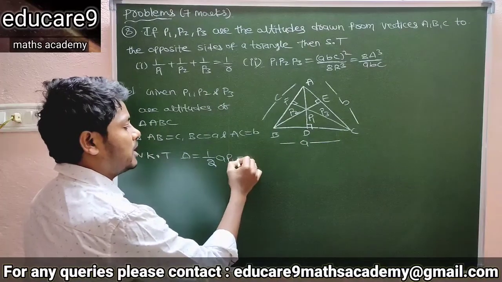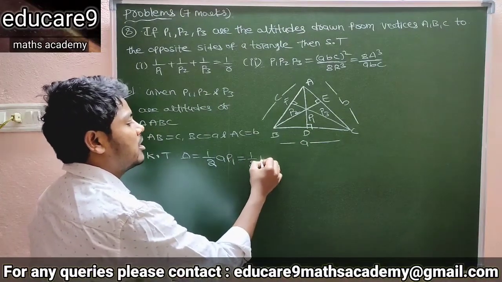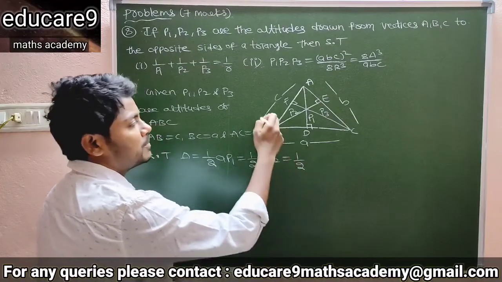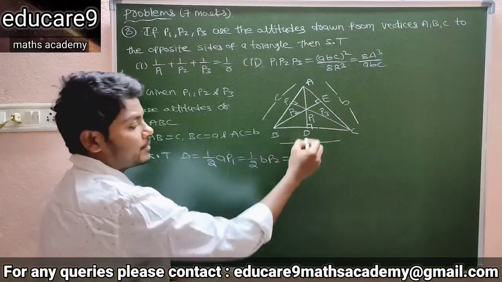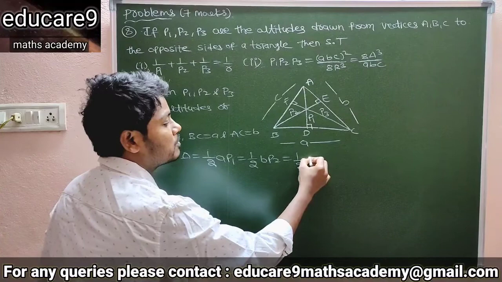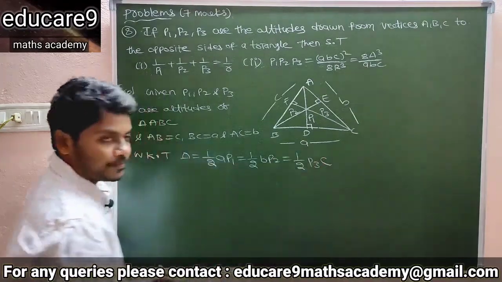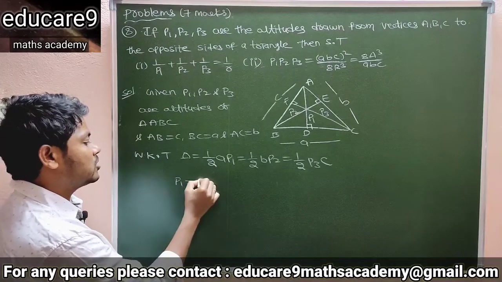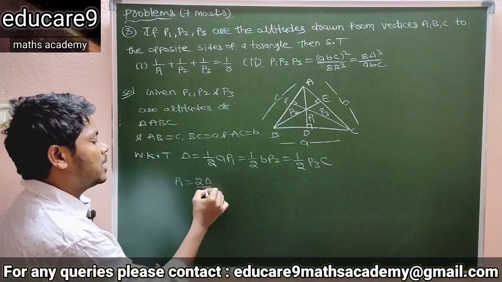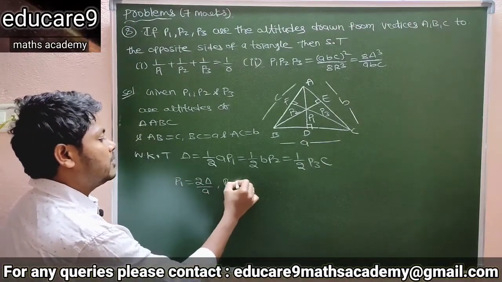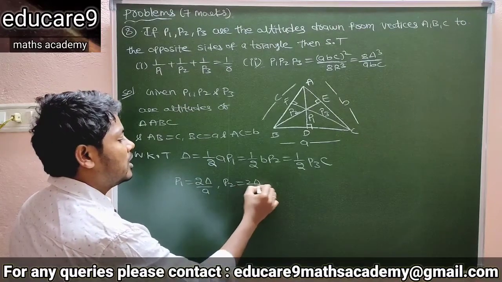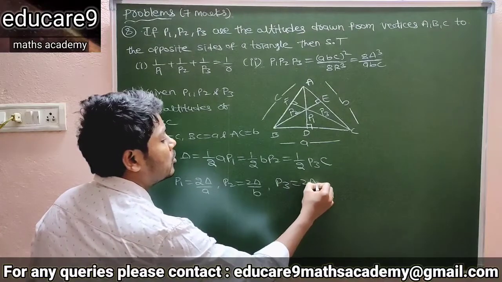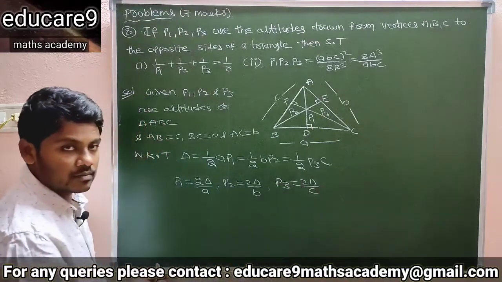And with respect to base c, height is P3. From this, what is the P1 value? P1 is equal to 2 delta by a. P2 is equal to 2 delta by b. P3 is equal to 2 delta by c.